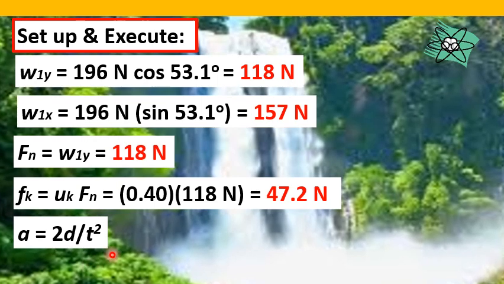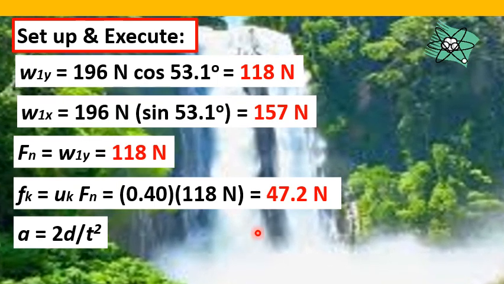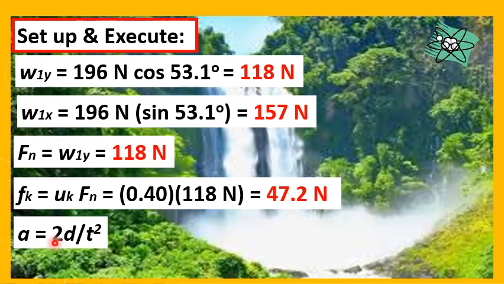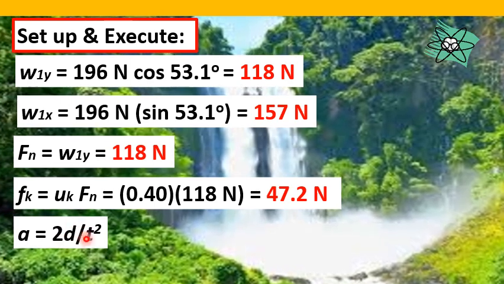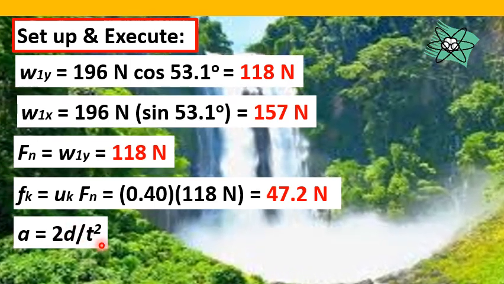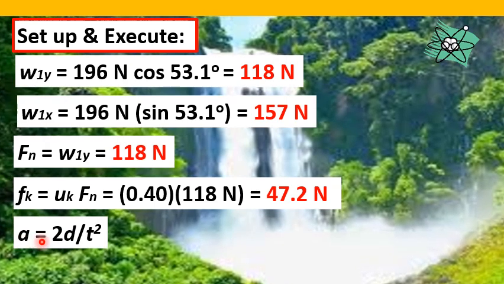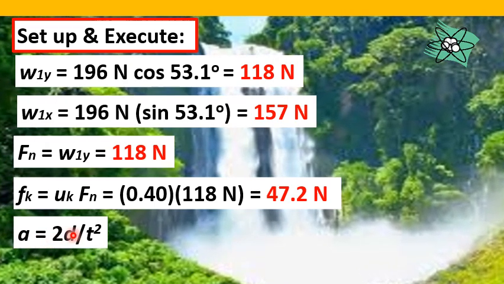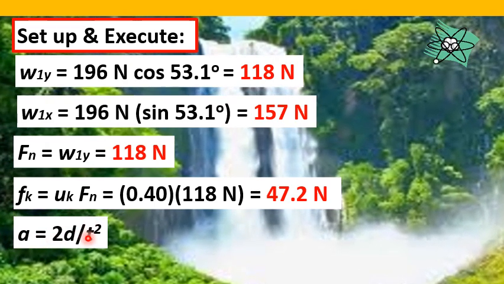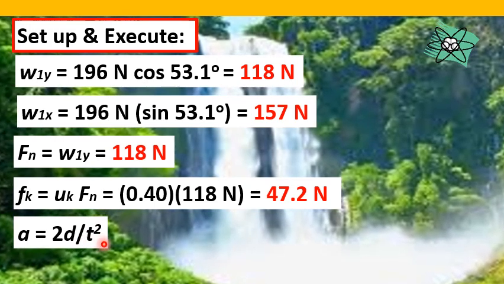So, we can use the kinematics formula for finding the acceleration given the distance d and the time elapsed t, or acceleration is equal to twice the distance traveled divided by the square of the time t.